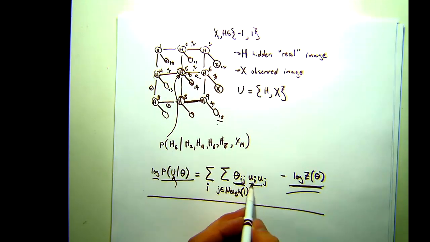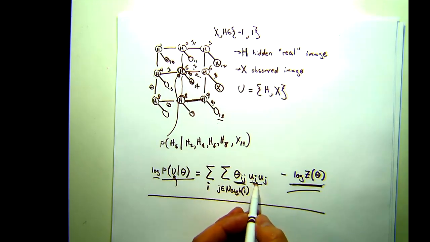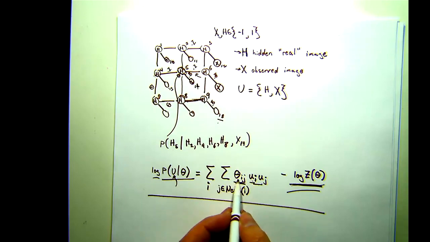If they have a different sign, you decrease by theta, because then you'd have 1 and -1, so multiplied it becomes -1 times that. So when they agree, you get a theta worth of credit to the probability. When they disagree, you get negative theta worth of credit.